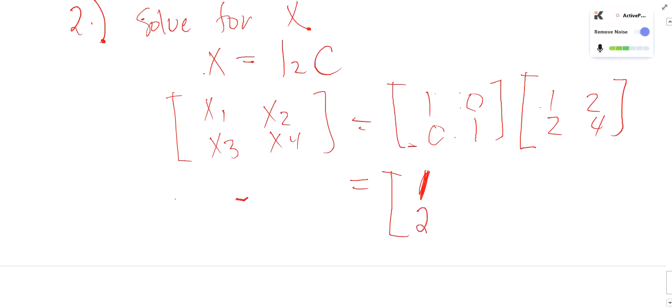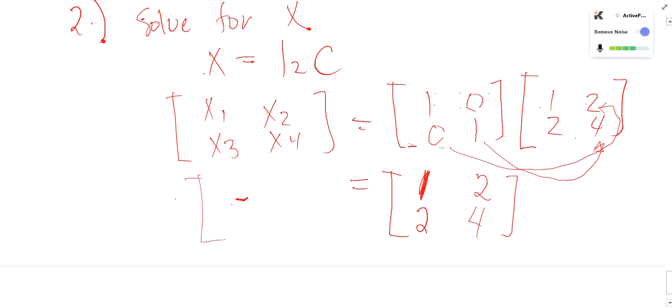So that is 2. So yung element ng ating first row, second column, that is 1 times 2 plus 0 times 4, that is 2. And then yung element ng second row, second column natin, that is 0 times 2 plus 1 times 4, that is 4.